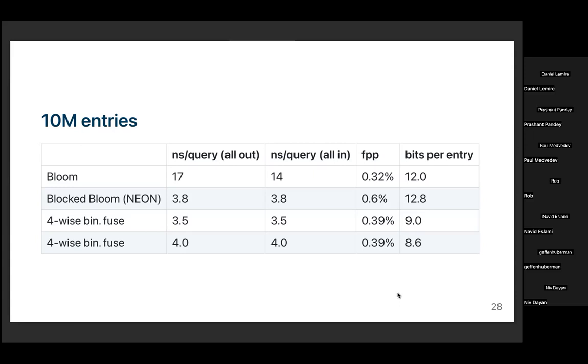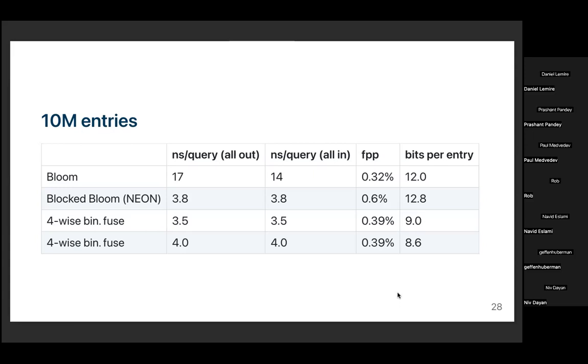What's really interesting here is that for the blocked Bloom filter, I'm using NEON instructions, and here it should be 3. Our binary fuse filters have basically the same performance, and the Bloom filter is considerably slower, right? It's slower both in the case where everything is in and in the case where everything is out.